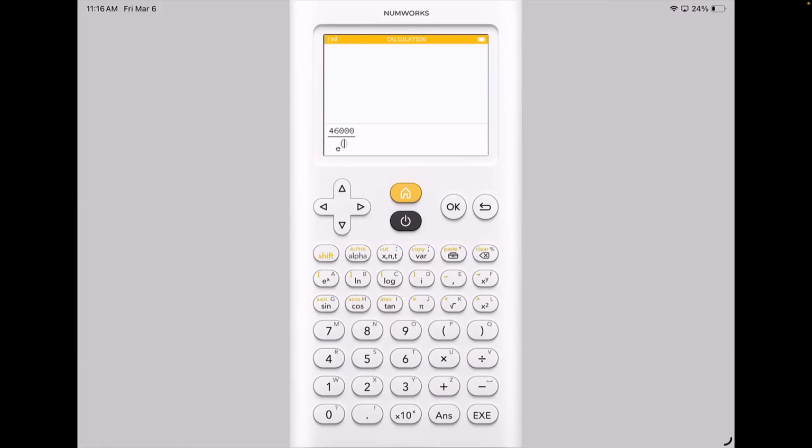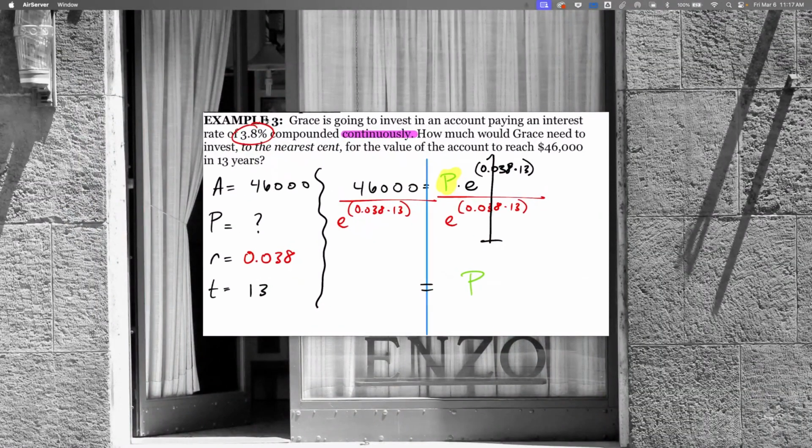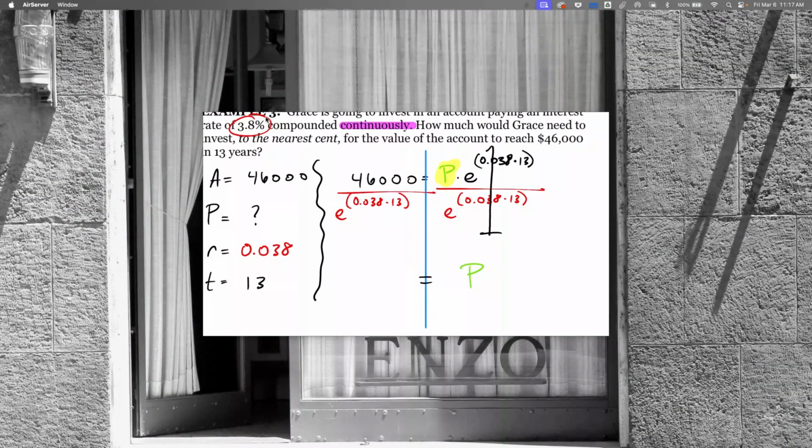Parentheses, it was 0.038 times years, 13. And there we go. Okay. Cut and paste that number. Cut and paste that number. All right, so I'm going to cut and paste that number right there.